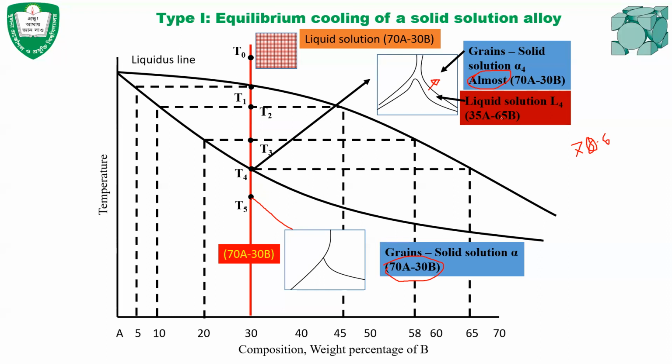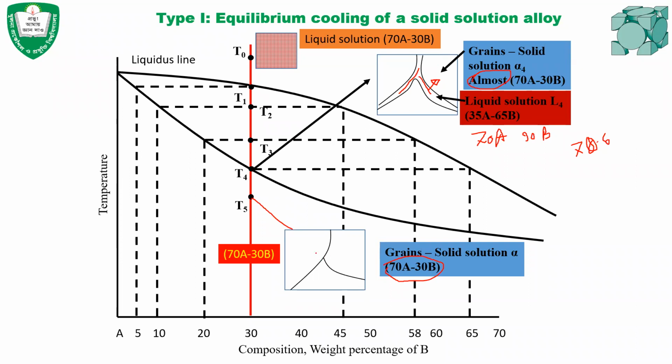And of the 65% B in the liquid solution, some of the atoms will diffuse into the solid solution, so the liquid solution on the grain boundaries will eventually become 70A30B when some of the B goes into the solids. And then when everything is 70A and 30B, complete solidification occurs.